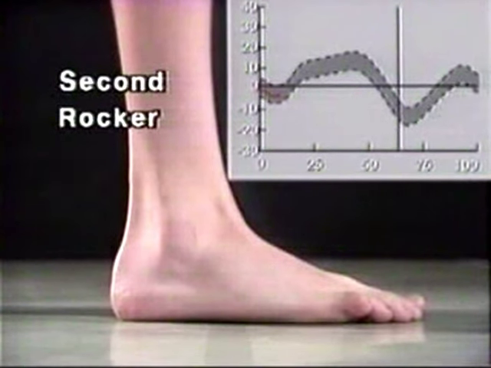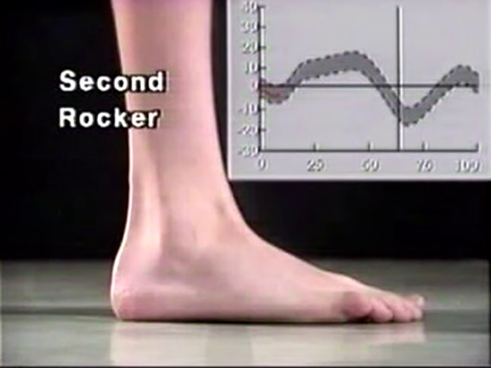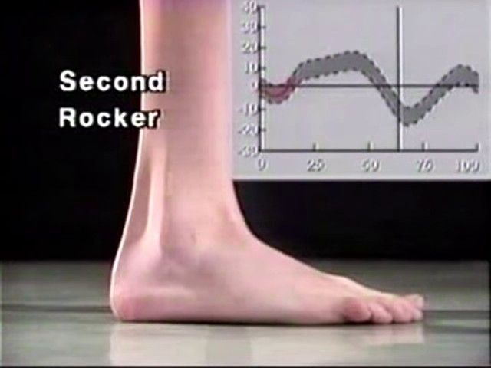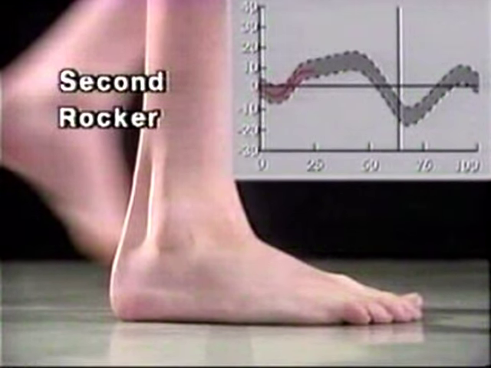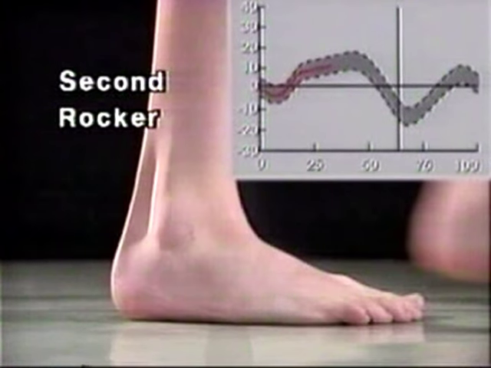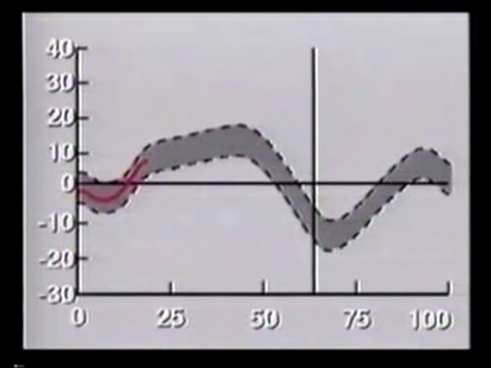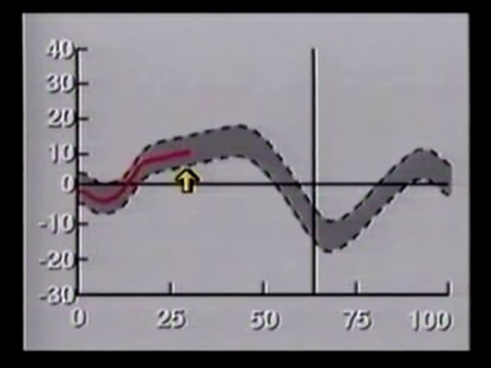Second rocker begins when the entire plantar surface of the foot is in contact with the floor and marks the beginning of mid-stance. The tibia advances over the planted foot with the fulcrum at the ankle. It is a period of increasing dorsiflexion. The motion graph shows a maximum of 10 degrees of dorsiflexion during the second rocker.